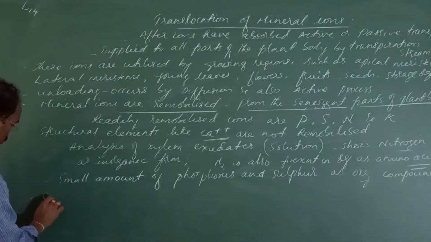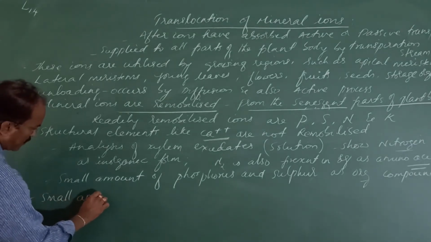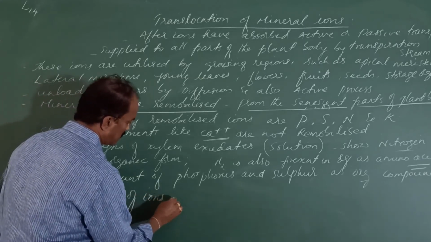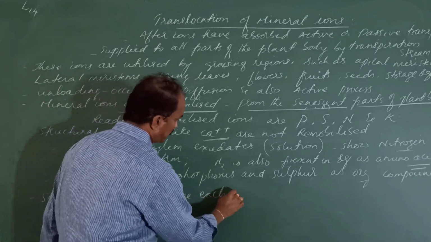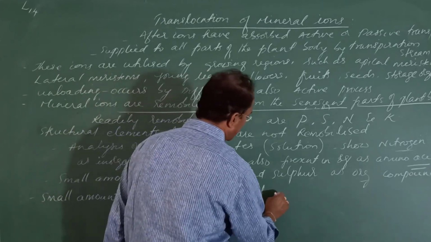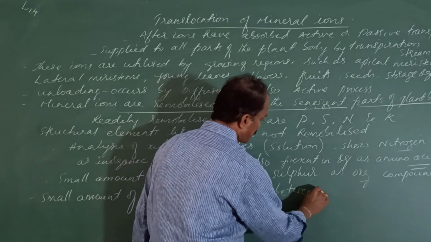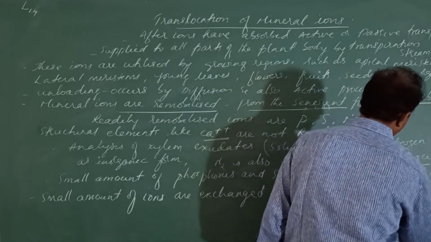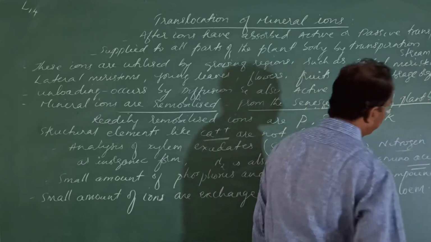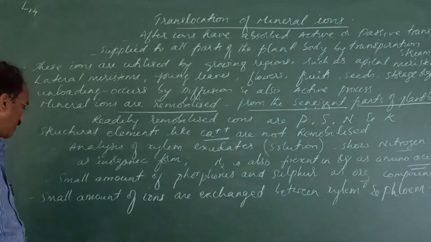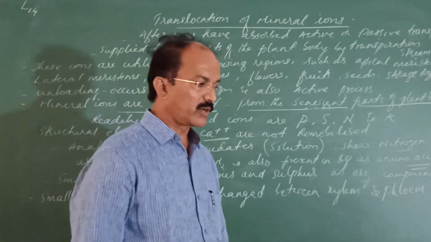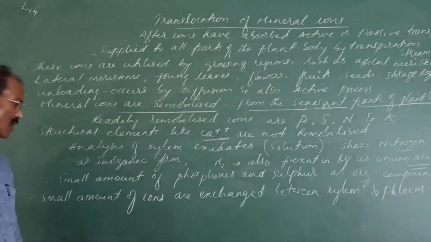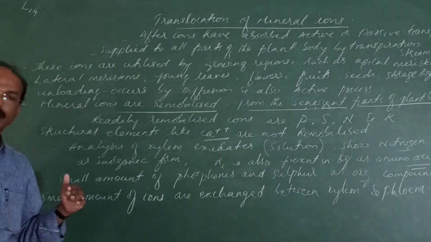So in the previous, older concept, the xylem only consists of the inorganic material and the phloem only consists of the organic material.